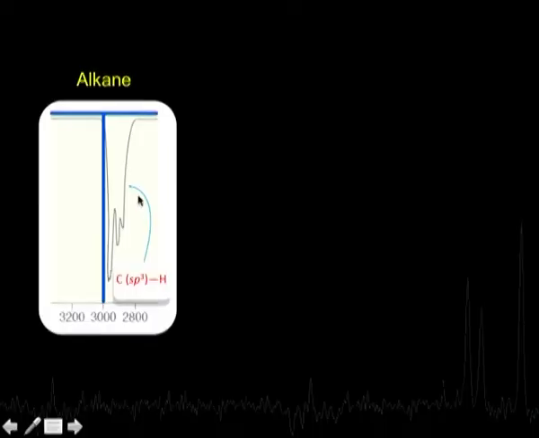Let us look at the spectra of these molecules here. Now, this is alkane. In case of alkanes, what you find is typically the characteristic CH vibrations, where C happens to be sp3 hybridized, somewhere a little below 3000 centimeter inverse.